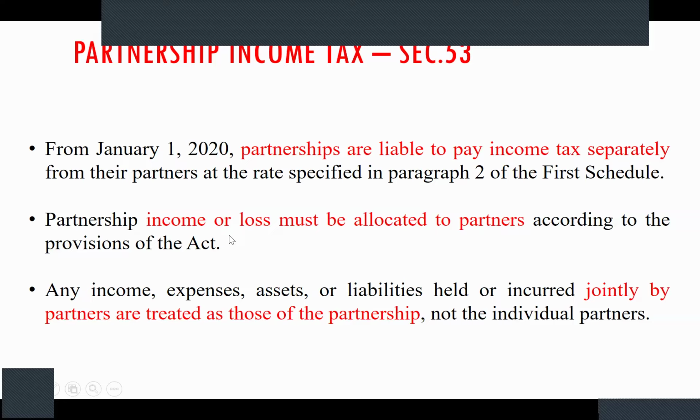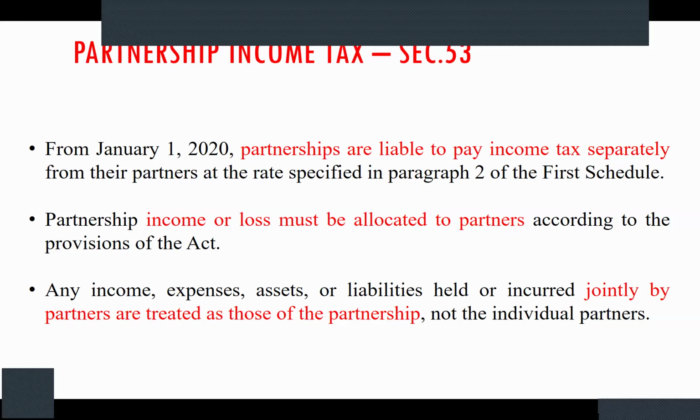Then partnership income or loss must be allocated to partners. That means we have to calculate the partnership tax liability by applying assessable income, then taxable income. After that, to that taxable income we have to apply relevant tax rates. That is why it says specified in paragraph 2 of the first schedule. In the first schedule we can see applicable tax rates for individuals, partnerships, companies, unit trusts, NGOs and all other entities.